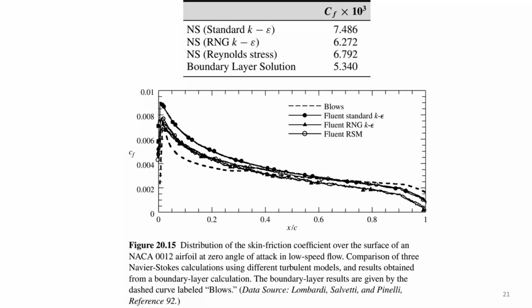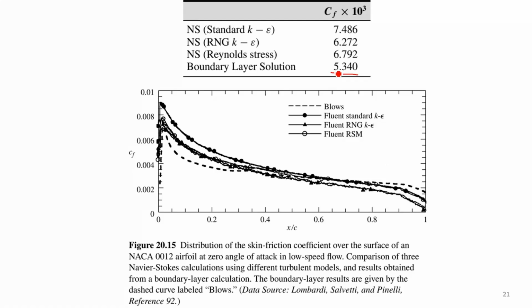Okay, some results of application of different models on a NACA airfoil. For different models, we receive different shear stresses. You can see that for k-epsilon, RNG k-epsilon, Reynolds stress model, and boundary layer solution, that is the application of boundary layer equations, we obtain different values of friction coefficient.